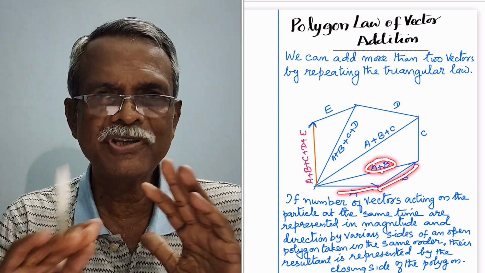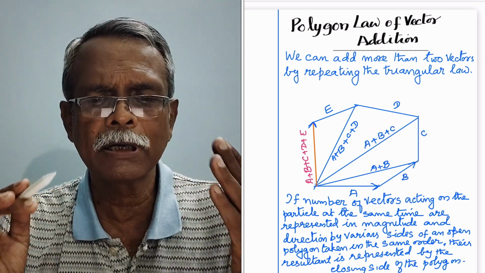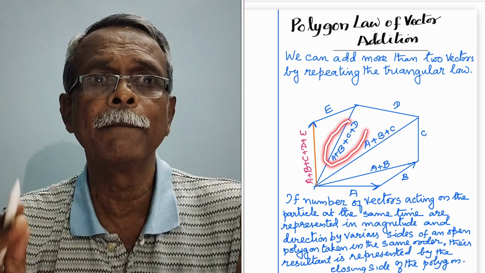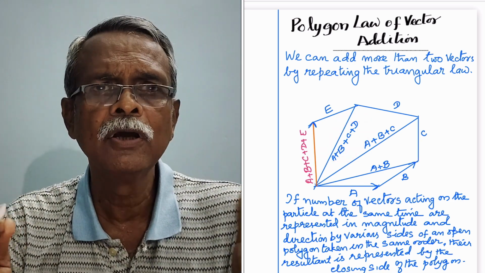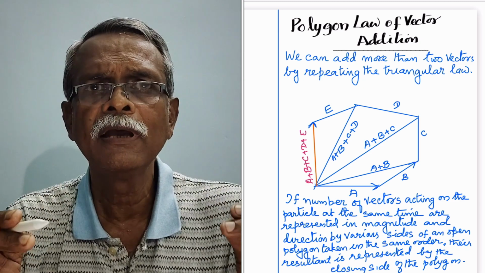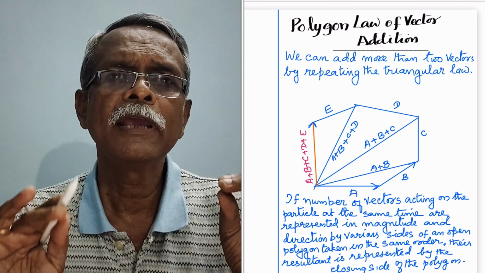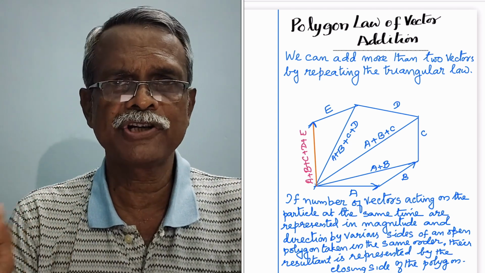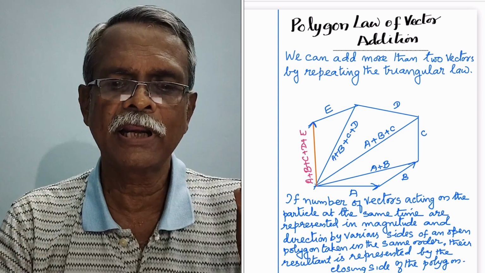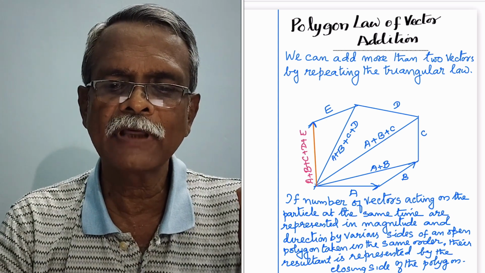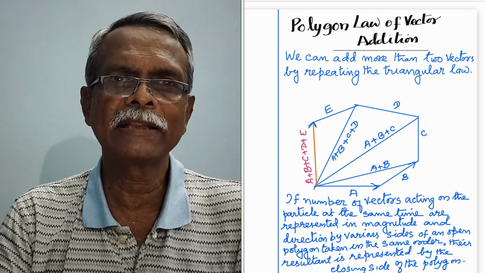So, that can be stated. If a number of vectors are acting on a particle at the same time, because vectors can change with time, therefore we specify that all those vectors acting at the same time are represented in magnitude and direction. That is, this length is the magnitude, this arrowhead is the direction. This length is the magnitude, this arrowhead is the direction. This length is the magnitude, this arrowhead is the direction, like that.